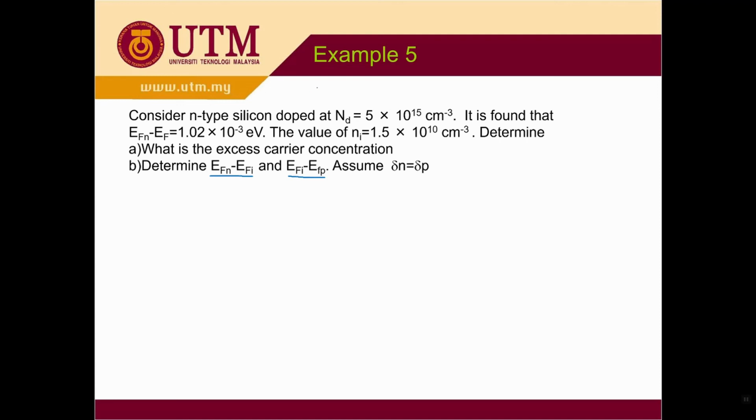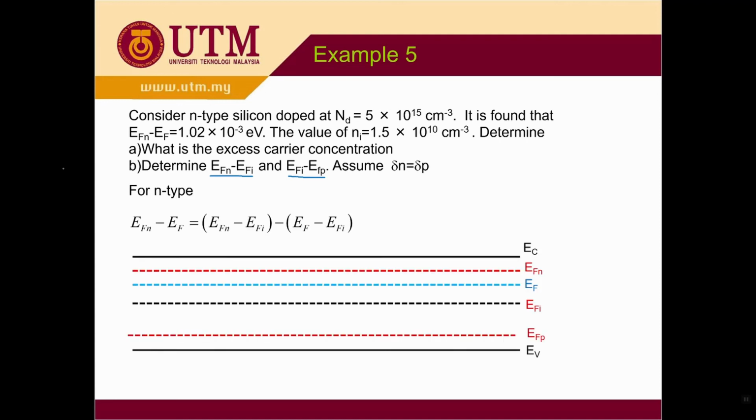How do we solve this? If you look at this, there are a lot of steps. First thing, you draw the diagram and write it out. EFN minus EF is equal to EFN minus EFI plus EF minus EFI. So we are given all these things here. You have EFI in the middle. Because it's N type, the EF is here.